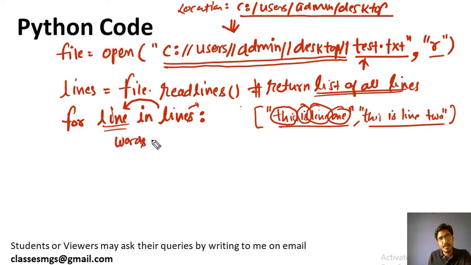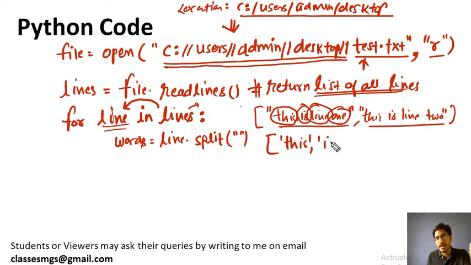So the split method will return, line dot split, and we are splitting it using space. By default it will split using space only, if you don't pass a double quote. For line number 1 it will return a new list in which each element is a word, like this.